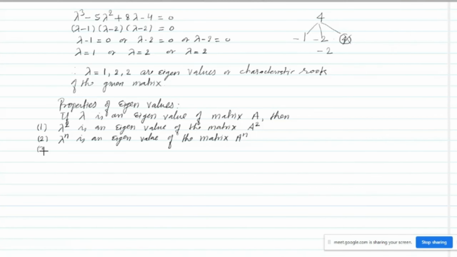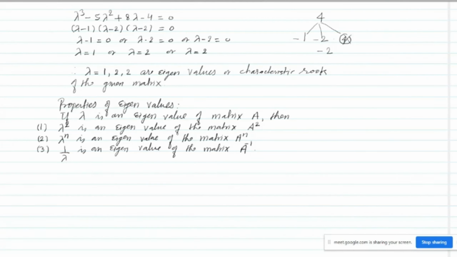Number three, 1 upon lambda is an eigenvalue of the matrix A inverse.